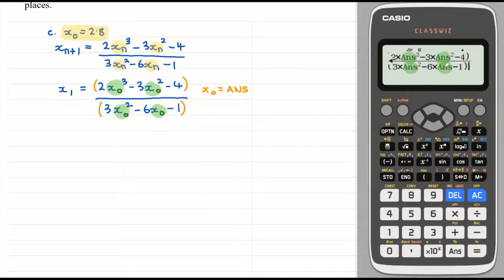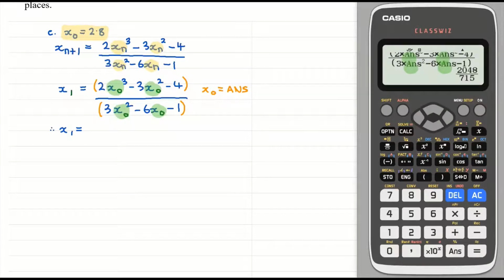So everything looks fine now, so we can just go ahead and press the answer key. What this is going to give us is a value for x1. So we'll be ready to jot this down. So therefore, x1 is just going to equal, and we'll see what it is.